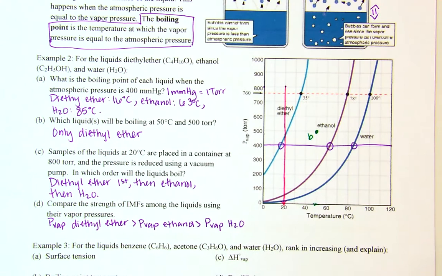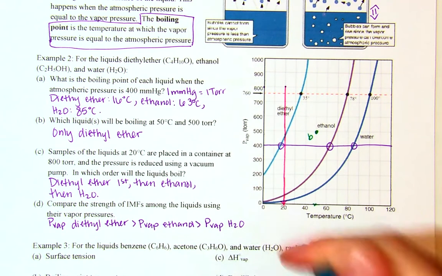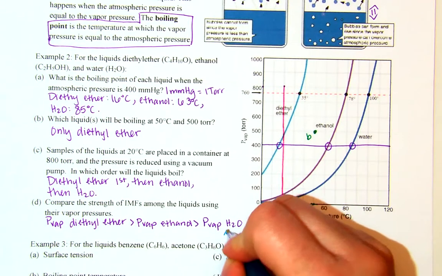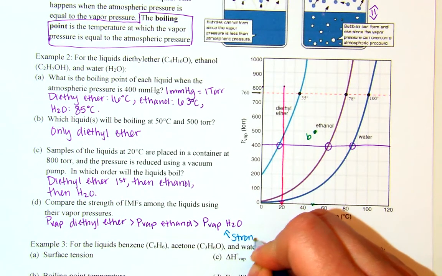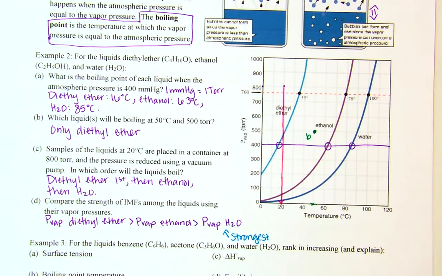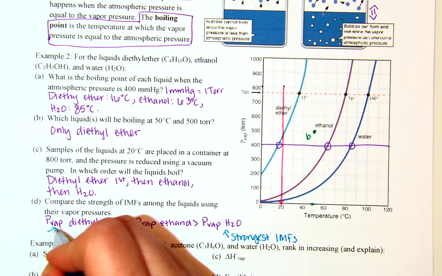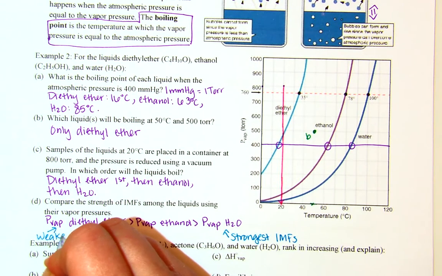So from this, the IMFs are going to follow the same curve. So your H2O is going to have the strongest IMFs, and your diethyl ether will have the weakest intermolecular forces.